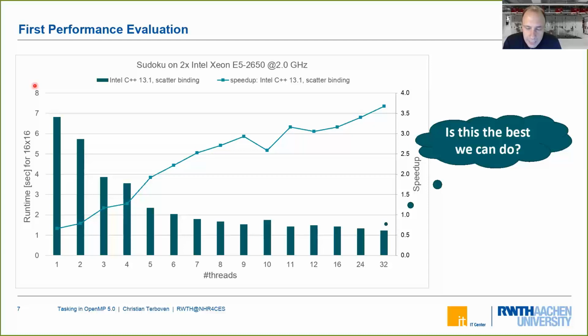So while tasking can give us great flexibility, for example, to parallelize such a recursive algorithm, as is so often the case in life, we need some understanding of what's happening in the background in order to use it well. During the course of this talk, I will mention the solution to this problem, at least briefly, and I come back to that later on and illustrate that better performance can be achieved.